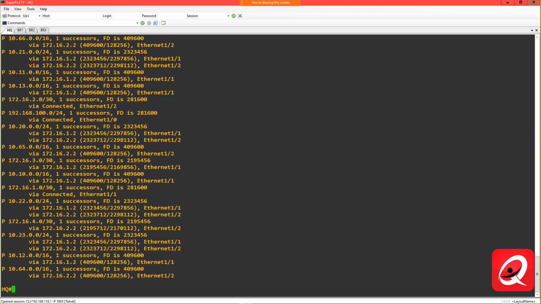But as long as this number here is less than this number here, we have a feasible successor. So 2298.112 is definitely a feasible successor for 232.3456.